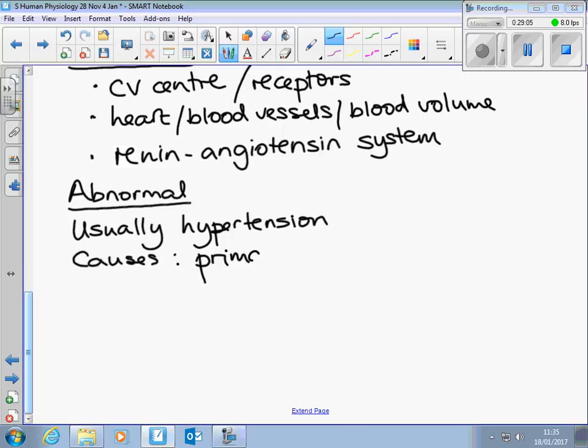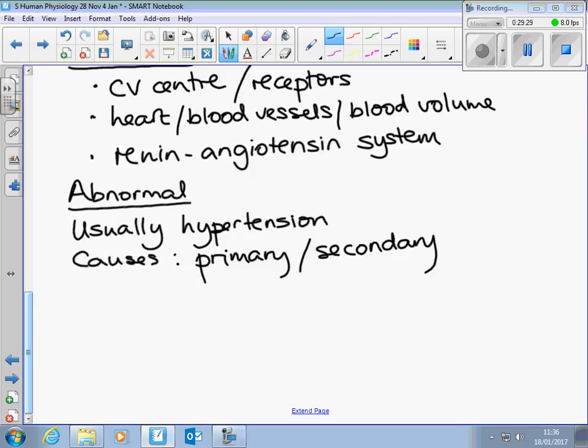With the hypertension, there are 2 types of cause. Primary is there is something that's actually causing high blood pressure directly, but you can also have secondary hypertension, which is as a result of something else in the body. I'll give you examples that go with that.